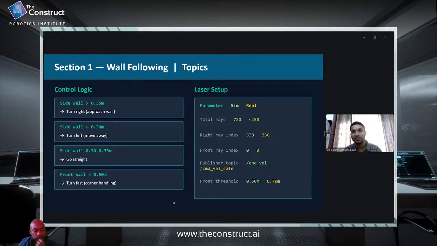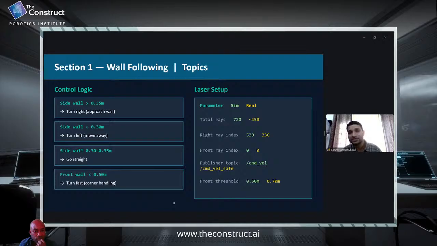If the distance from the right hand side wall was between 0.30 meter and 0.35 meter, the objective was to go straight. And when there is a front wall ahead, and if it is less than 0.5 meter, it has to make a quick turn, like turn faster, to follow the lane.